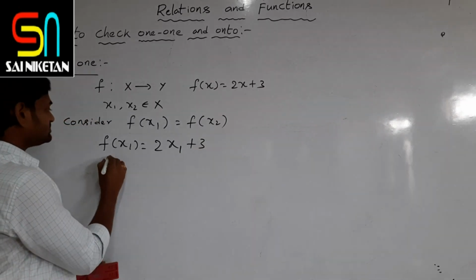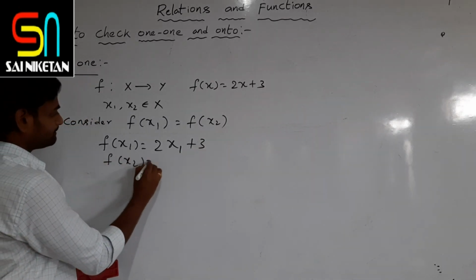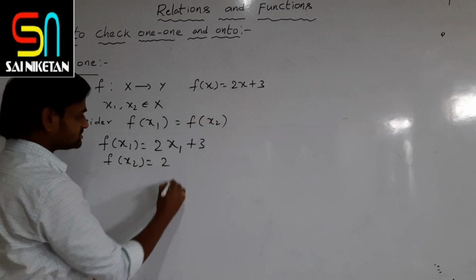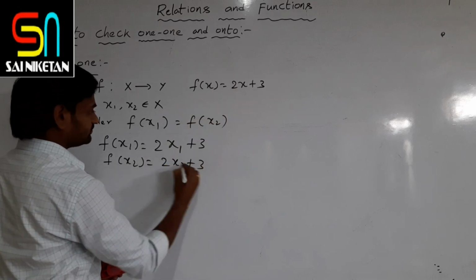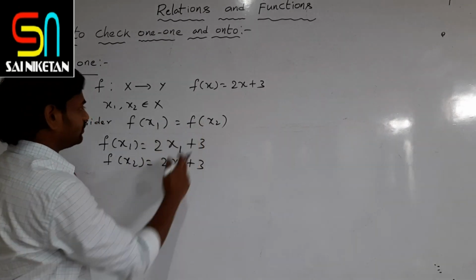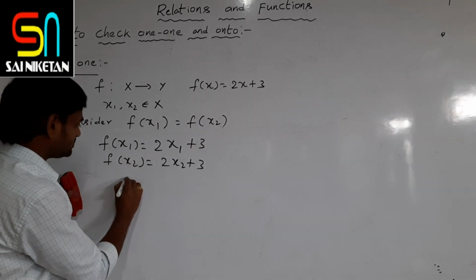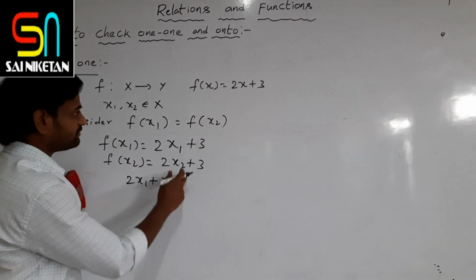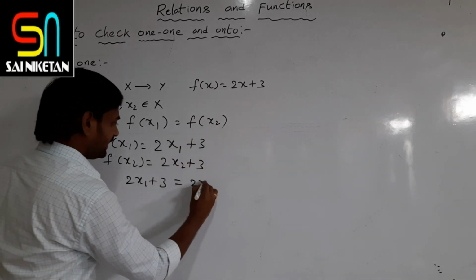Now what is the f of x2? That is 2 into, in place of x is x2, that is 2x2 plus 3. Now take the condition: f of x1 is equal to f of x2. 2x1 plus 3 is equal to 2x2 plus 3.